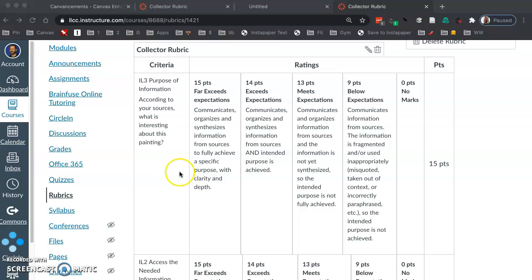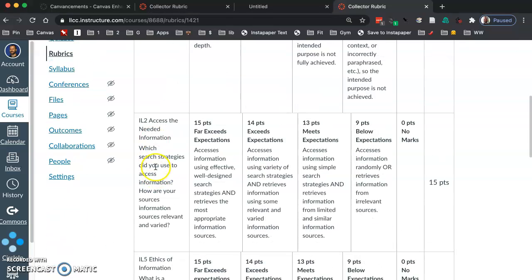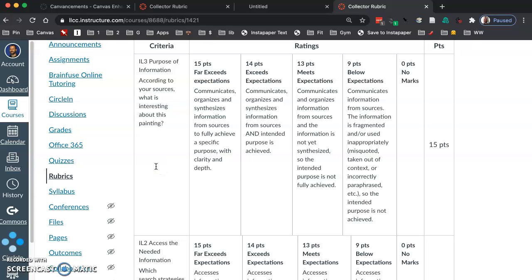Well, every row in a rubric is a criterion, and a criterion is a standard by which you're being graded. Now, as a side note, every course has outcomes, and the outcomes are not written by me. They're written by the college, and they are the things that you should be able to do when you complete this class.